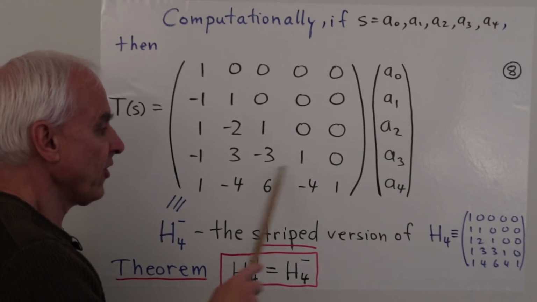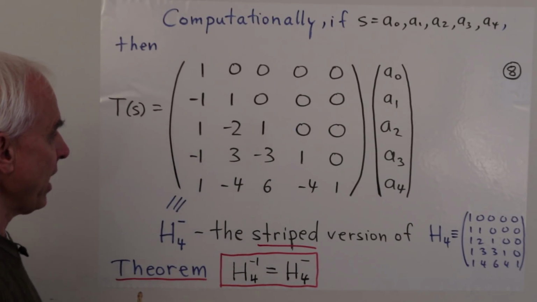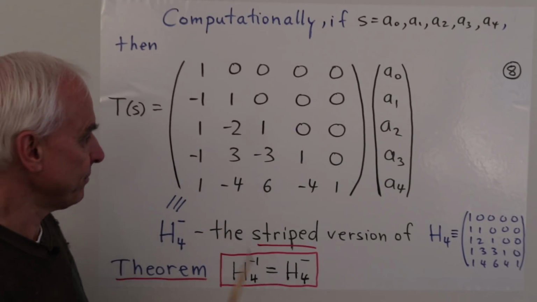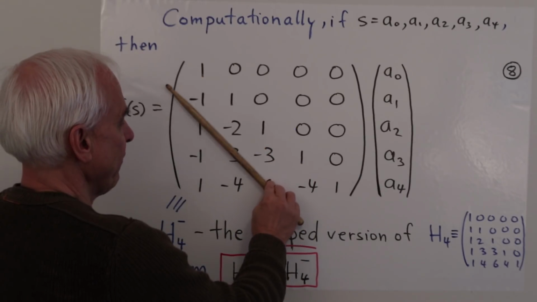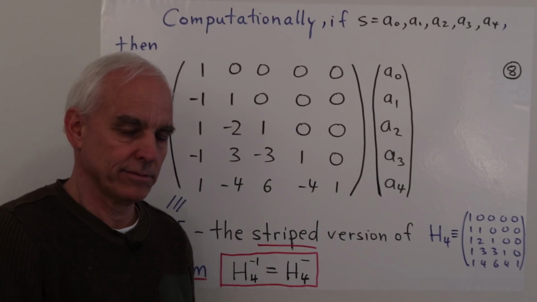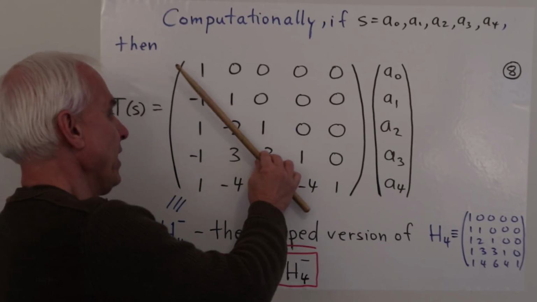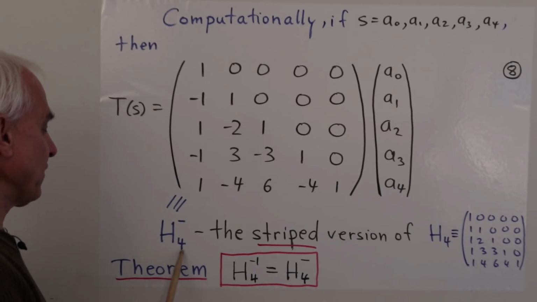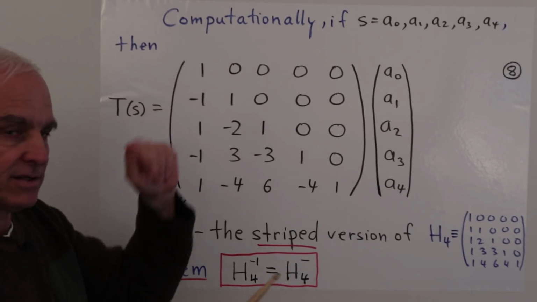So this one here is just a modification of this one by having these minus signs along every second diagonal. So let's call this the striped version of this one. Striped meaning we're adding minus signs to every second diagonal. And let's denote it by H sub 4 with a minus sign as a superscript.